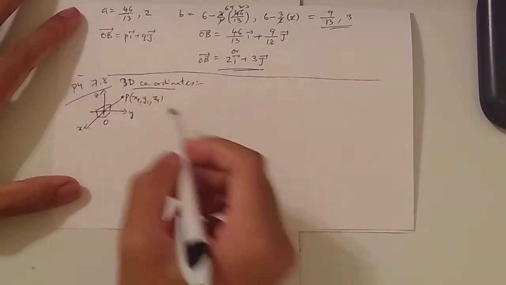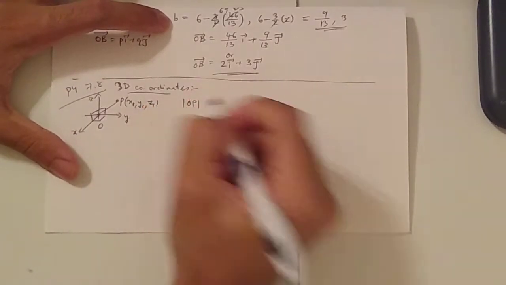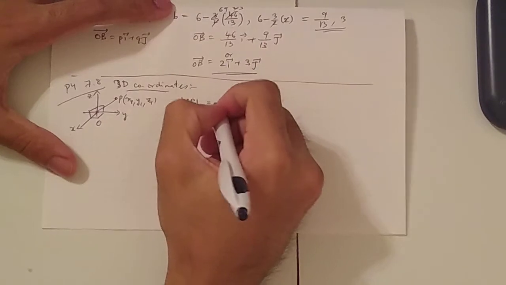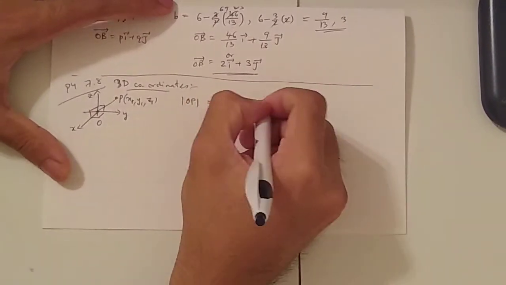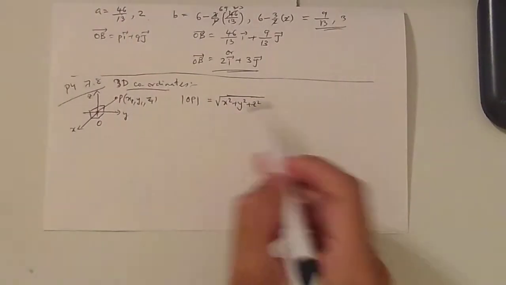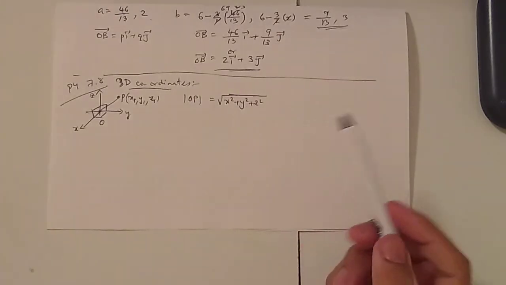The distance OP is equal to the root of x squared plus y squared plus z squared. We thus have 3 components over here.